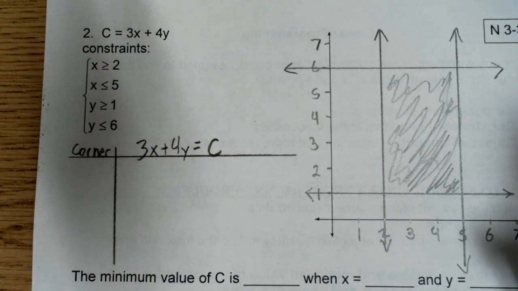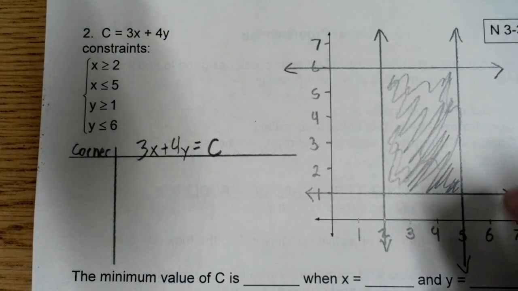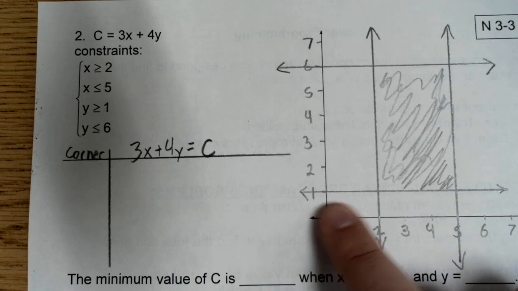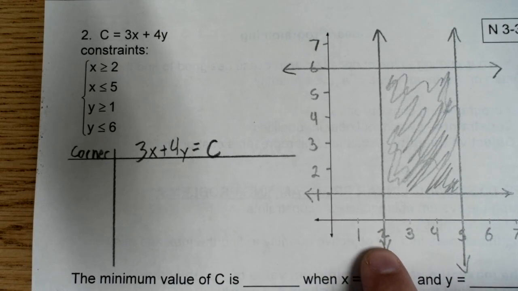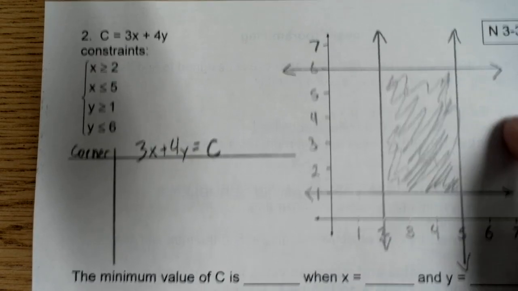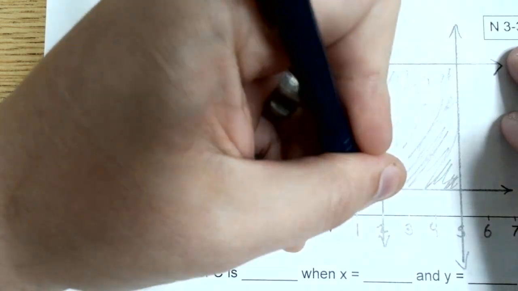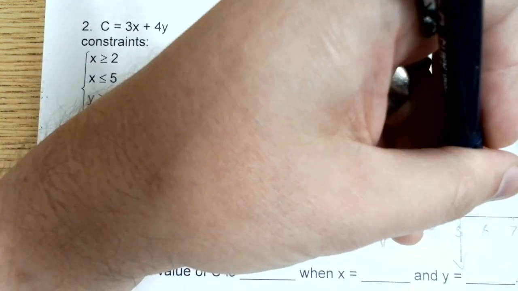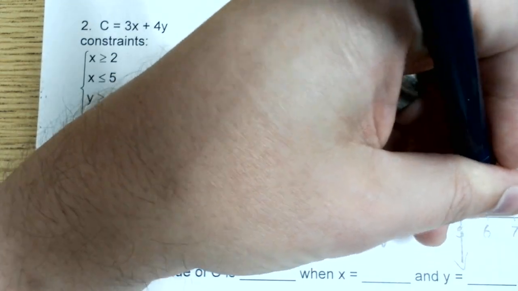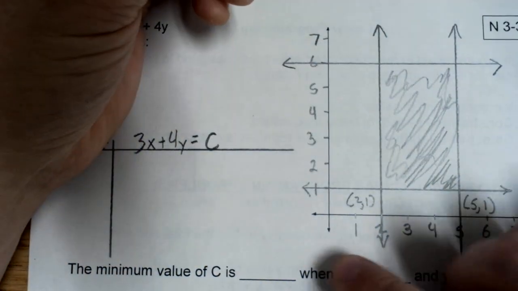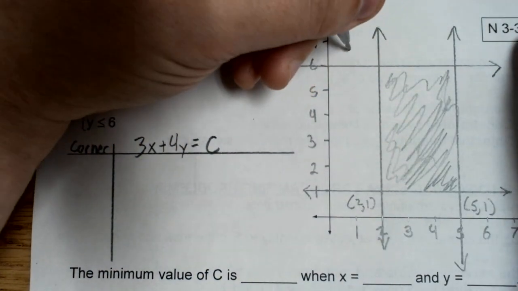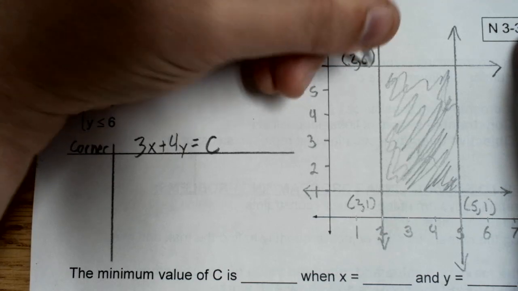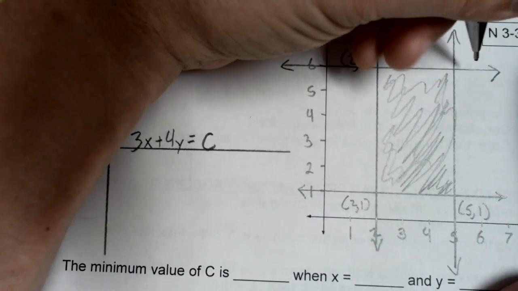So let's go label our corners, and this one goes pretty easily. I've got from over 2 up 1, so 2, 1, then over 5 up 1, then over 2 up 6, and over 5 up 6.